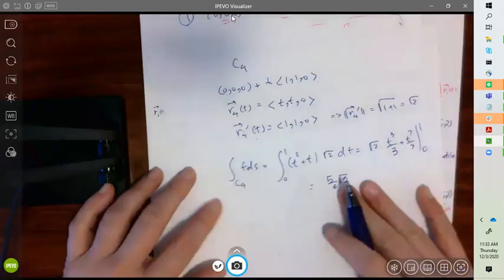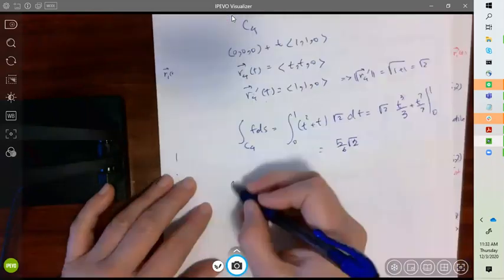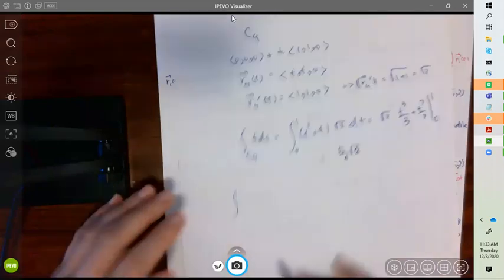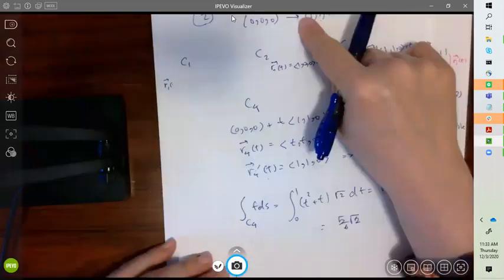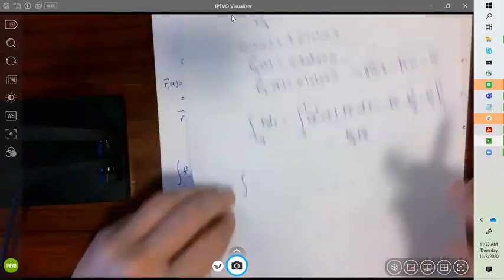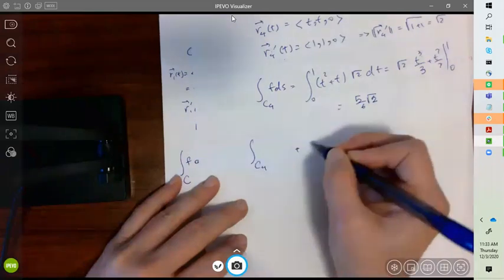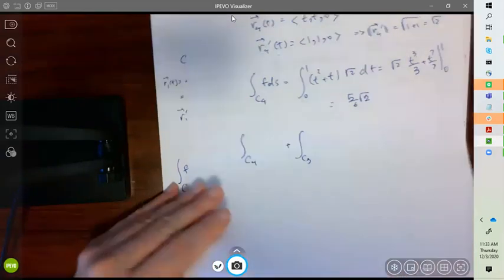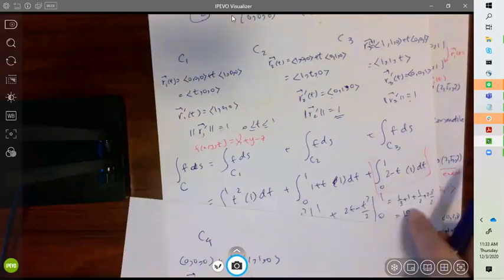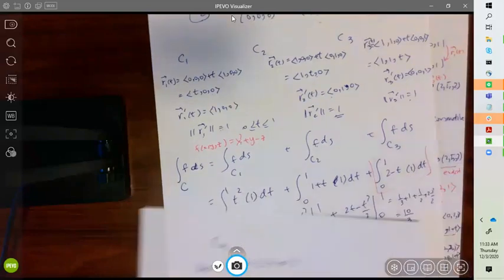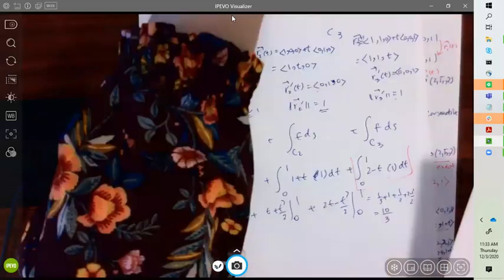And then to find the integral over, basically here was C4 and C3. I have to add that C3 that we found right there. Oops, sorry.